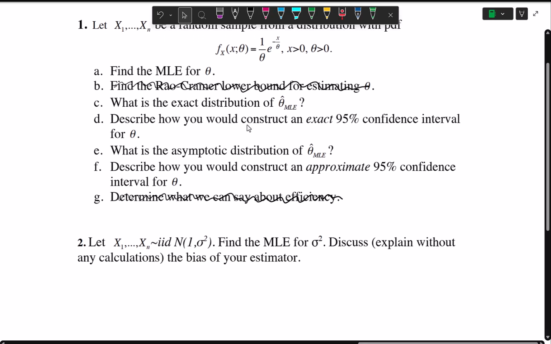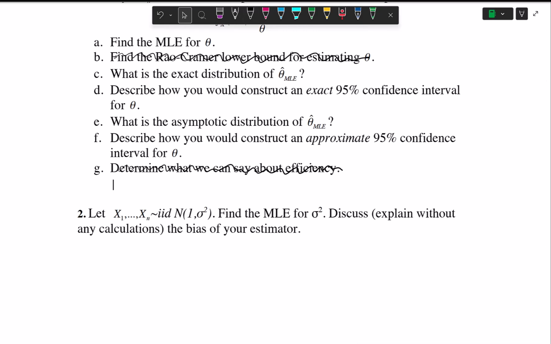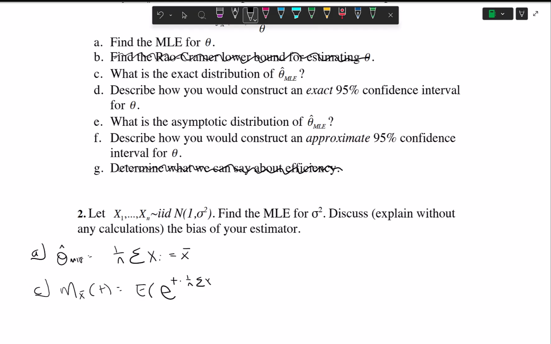I want to find the exact distribution of the MLE. Remember that we identified the MLE as X bar. So for part C, we know that the MGF of X bar is essentially the MGF of the summation of the XI's evaluated at t over n, which is the product of the MGF of the XI's evaluated at t over n.